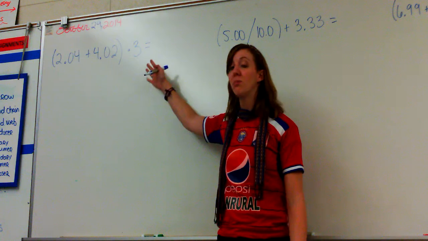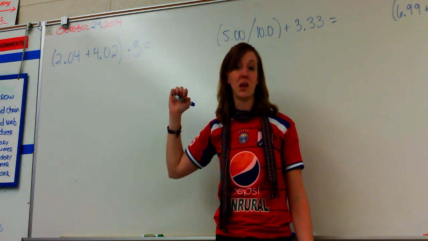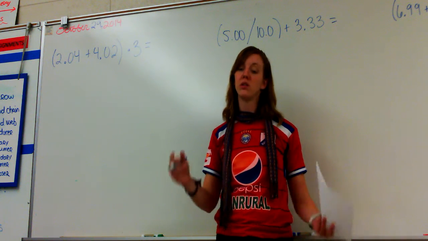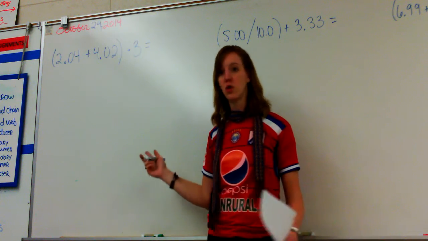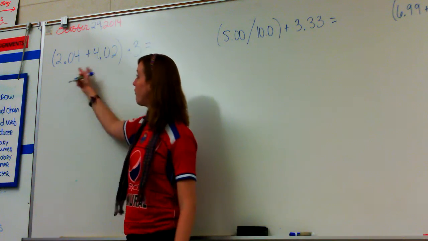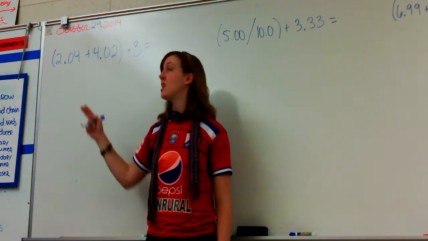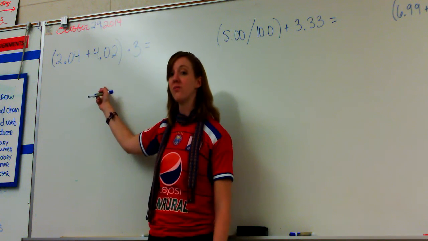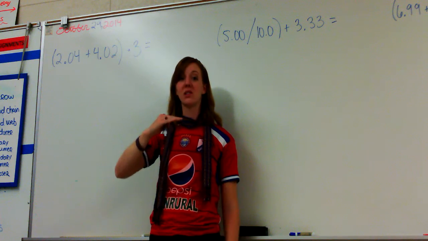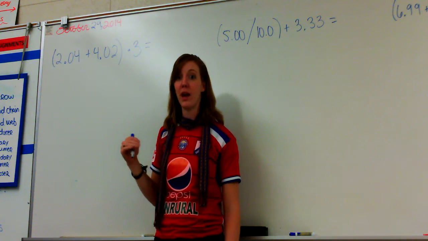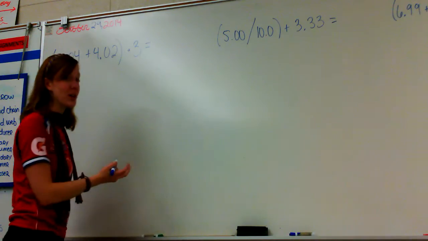Well, to do a combined math problem like these examples, you have to do it one step at a time. Let me show you how I do it. First, I can see in the parentheses is addition. So I need to add these numbers together. Personally, I like to stack them if I'm going to do it by hand. So I might rewrite this.